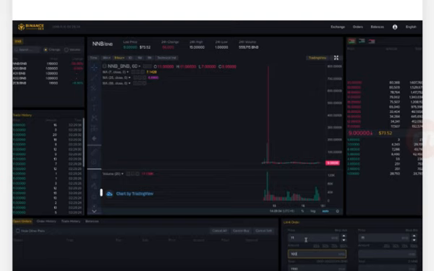And one thing that we champion a great deal is the UI being very user friendly. Can't stress that enough.